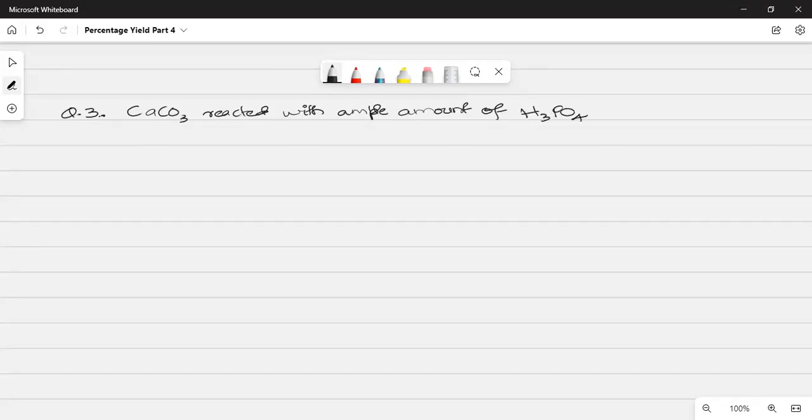H3PO4, phosphoric acid, to form Ca3(PO4)2. And this is also going to form, apart from Ca3(PO4)2, CO2 and H2O.